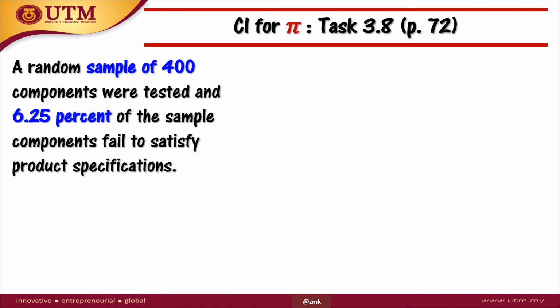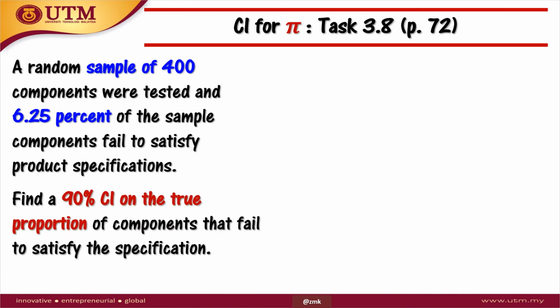A random sample of 400 components were tested and 6.25% of the sample components failed to satisfy product specifications. The question is, find a 90% confidence interval on the true proportion of components that fail to satisfy the specification.